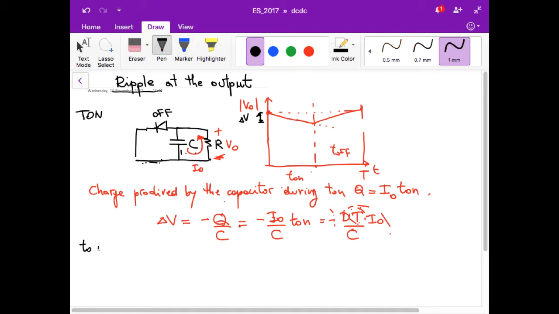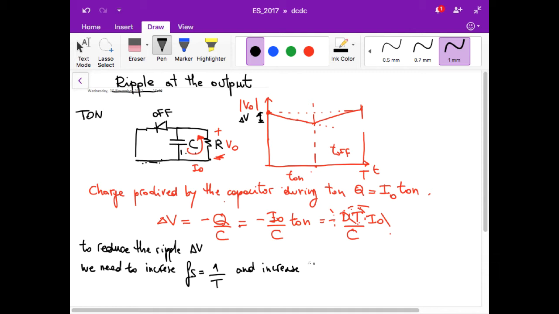To reduce the ripple, the ripple delta V being the maximum variation of the output, we need to increase the switching frequency, which is the inverse of the period, and increase C.